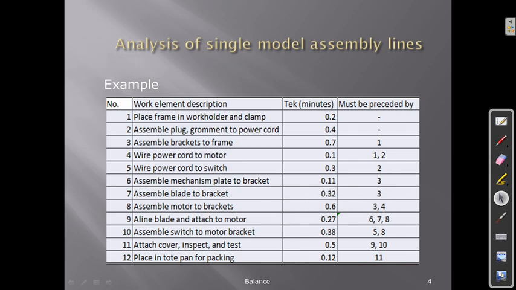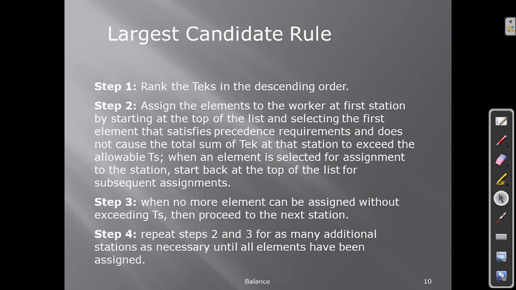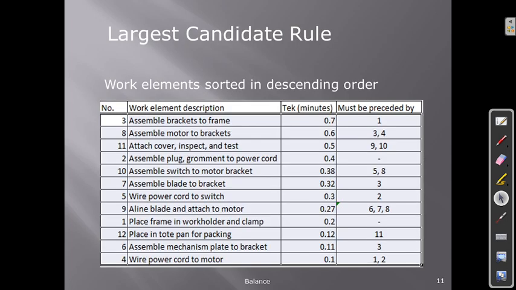This descending order is the first step of the largest candidate rule.